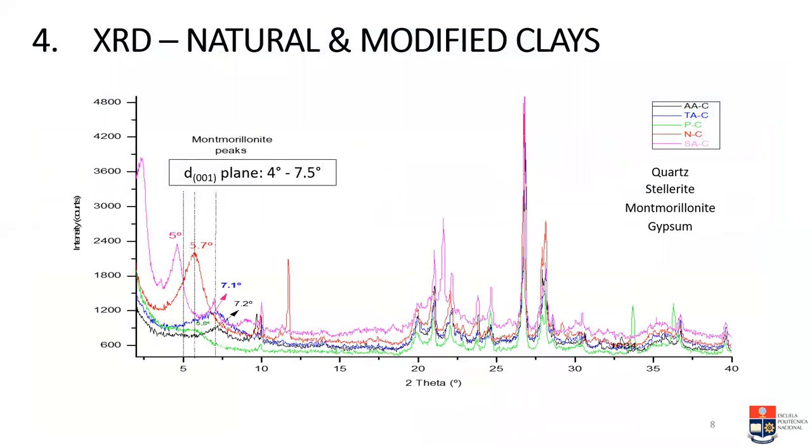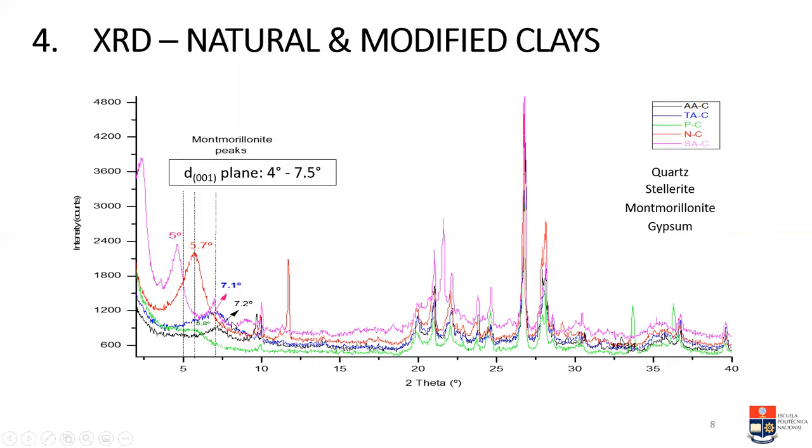Here you have the X-ray diffraction pattern of the natural and modified clays. As you can see here, the natural clay has a peak corresponding to the 001 plane of the montmorillonite. And this peak moved a little bit to the right in the case of the activated clays using the thermal process.